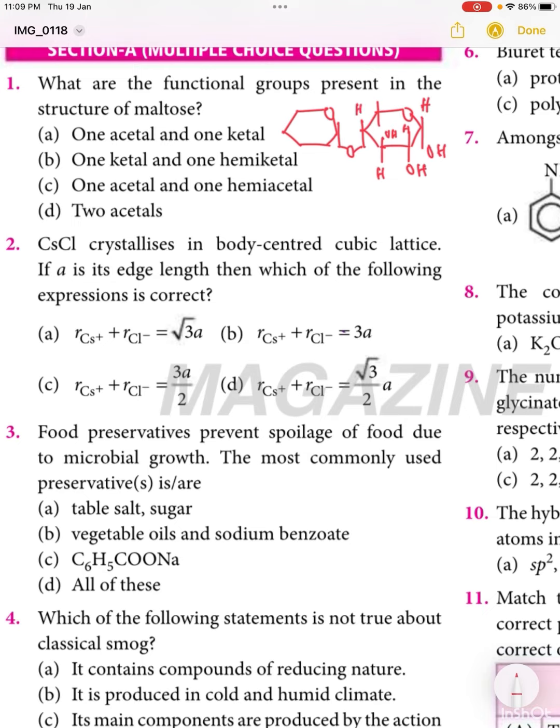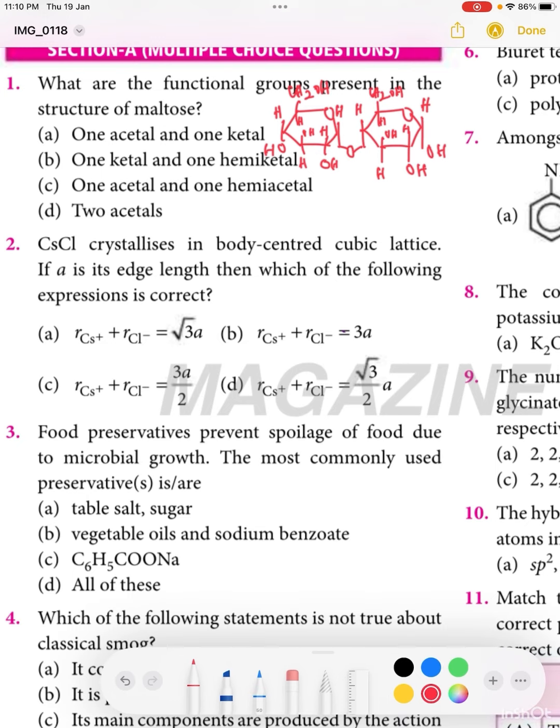Then here H, CH2OH, H. Coming to the first ring, here H will come, OH, H, and here H, OH, H, CH2OH, and whereas here H and this OH is present.